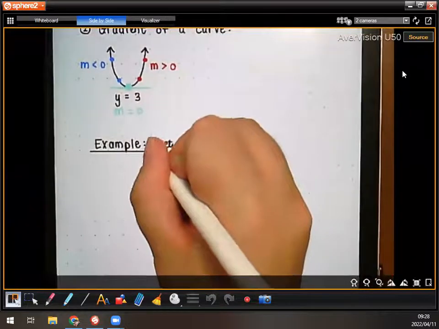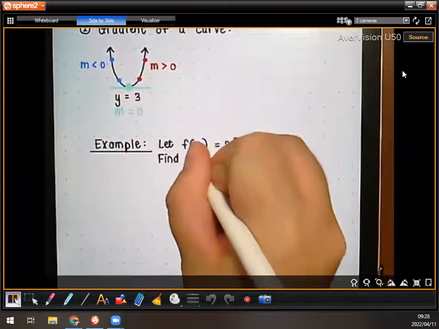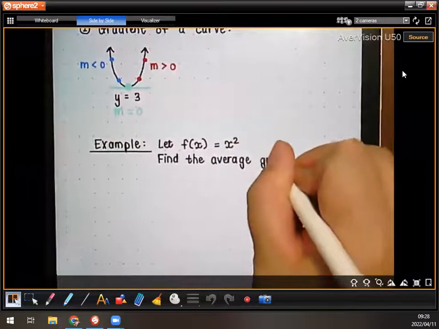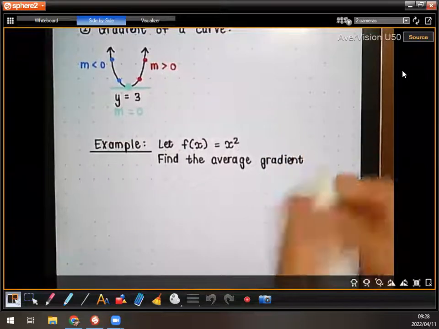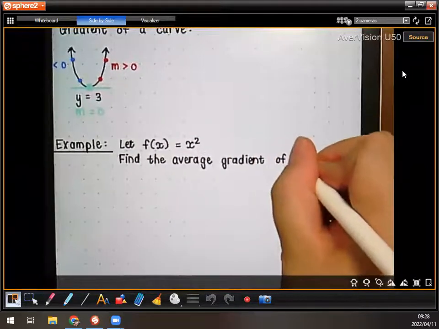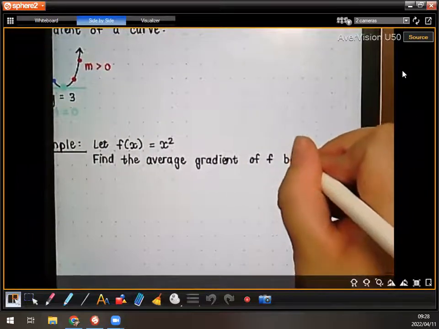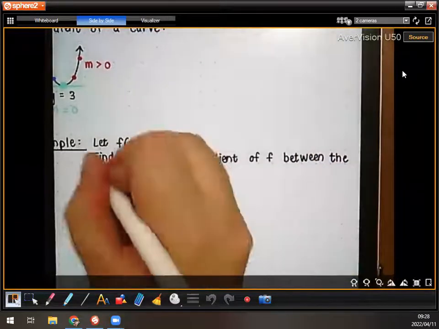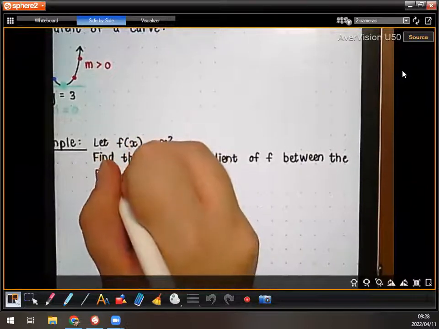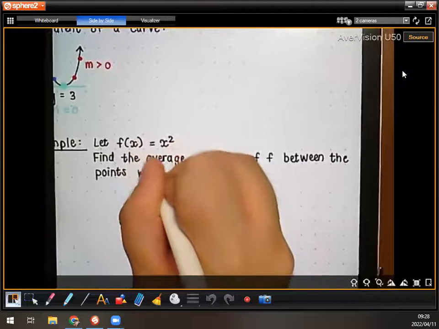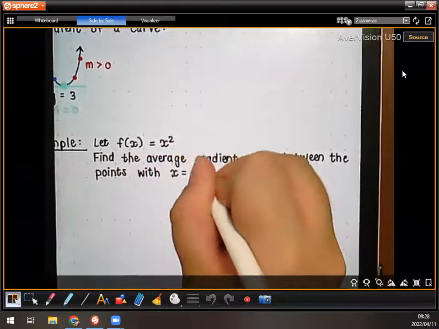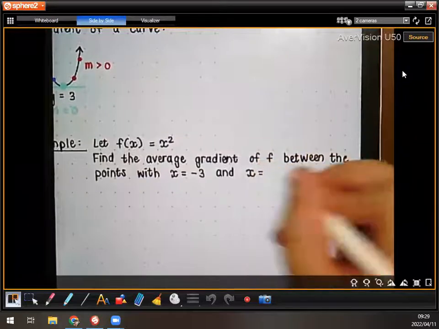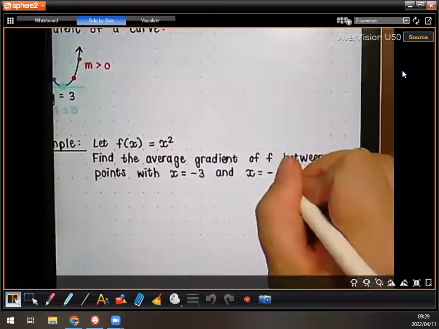Now they want us to find the average gradient of f between the points with x equals -3 and x equals -1.